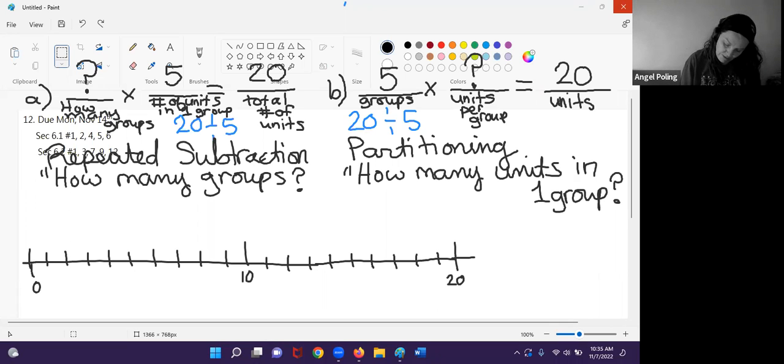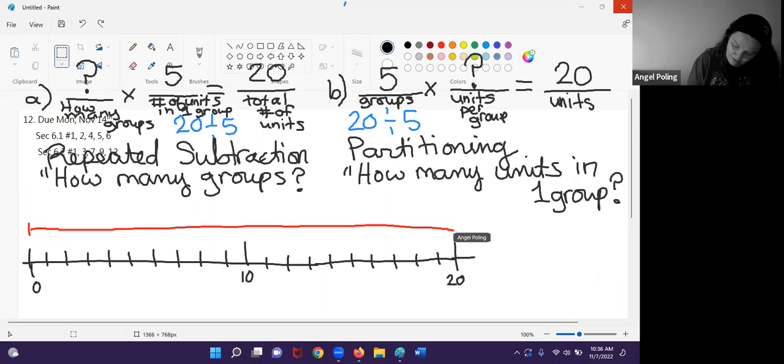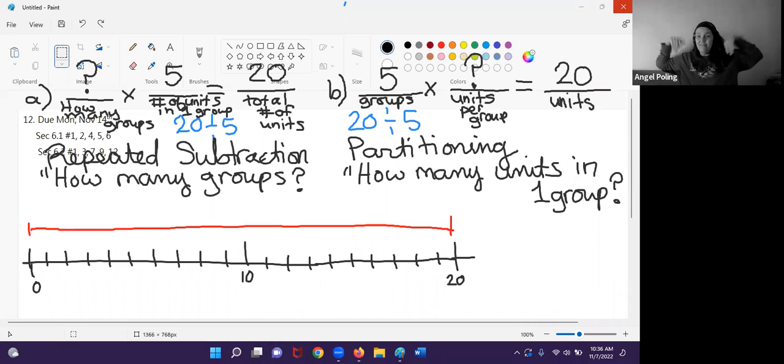Okay, and this is where, again, you, the adult in the room, know where to stick the partitions, right? So this time we're looking at it like we have this amount here, and now we're just going to split this into 5 equal groups, right? When it's a 4 or something like that, then it's easy.